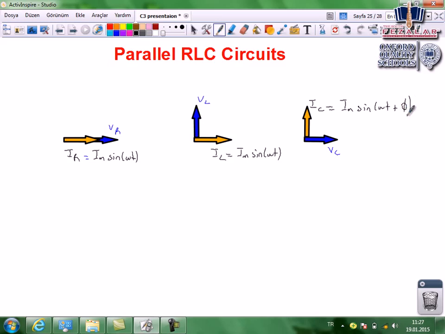When we write formulas of voltage, VR, as you remember, has no phase difference between IR and VR, so we can write Vm sine omega t.